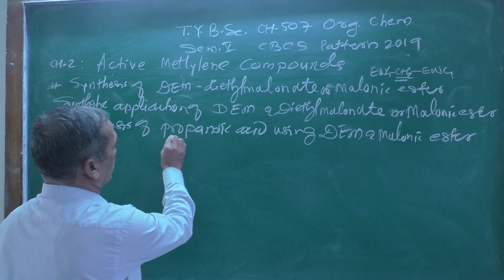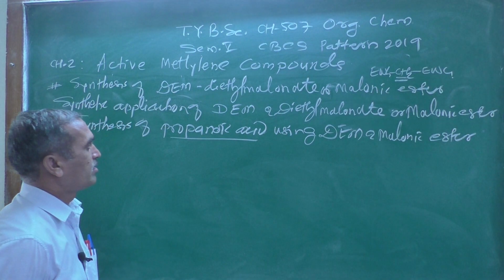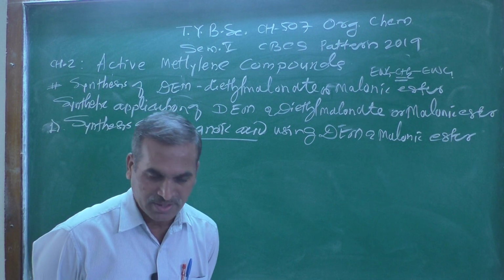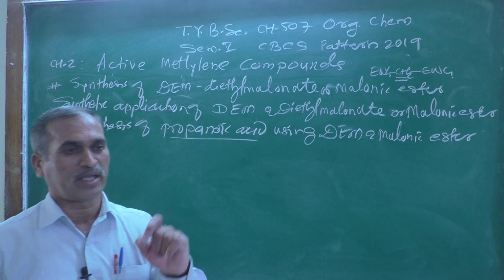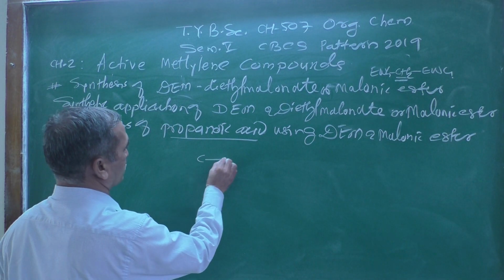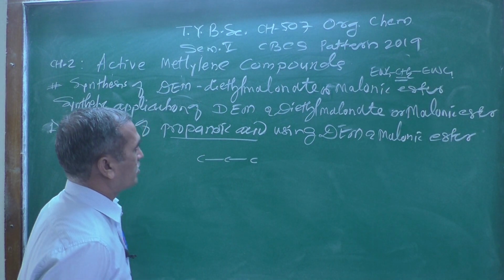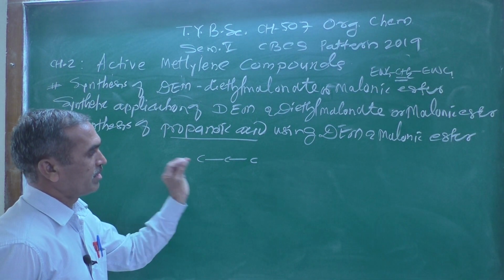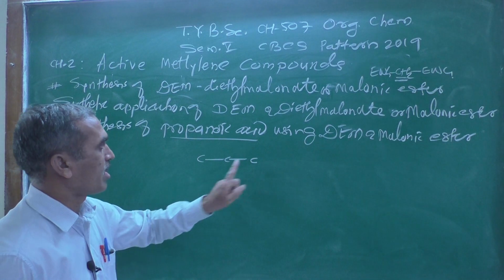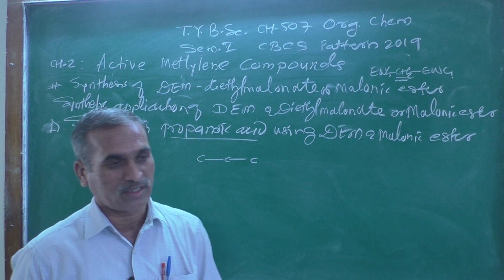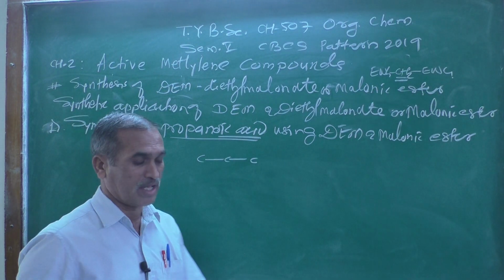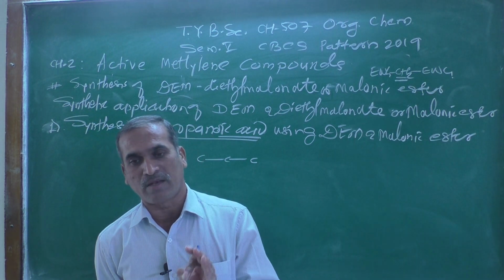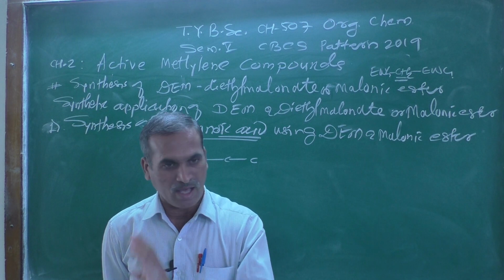Let's see. The first point required is to draw the correct structure of propanoic acid, and you know that prop indicates 3 carbon atoms. You can see clearly there are 3 carbon atoms. As we know, oic acid means a carboxylic group is present, and the carboxylic group is always present at the end of the carbon chain.